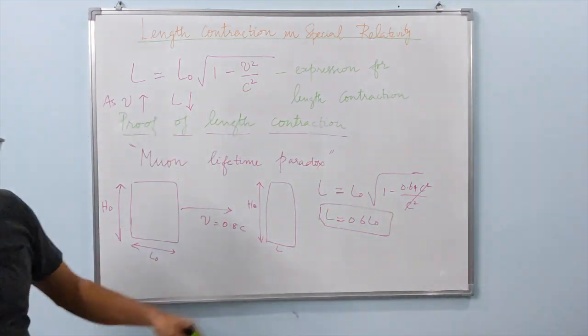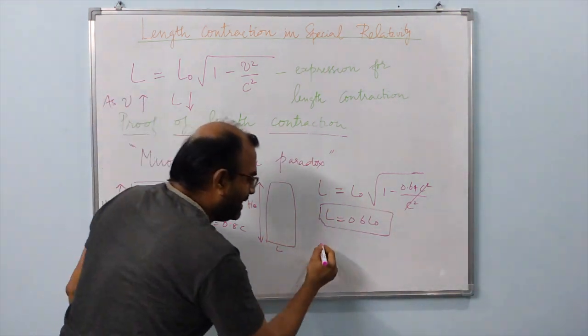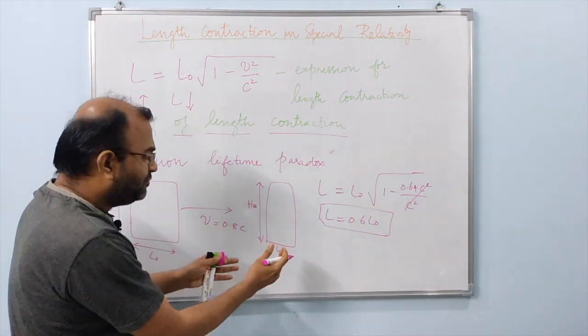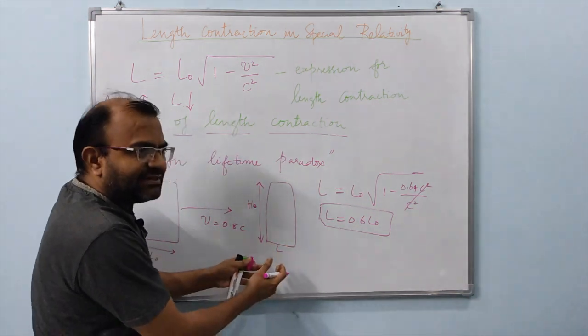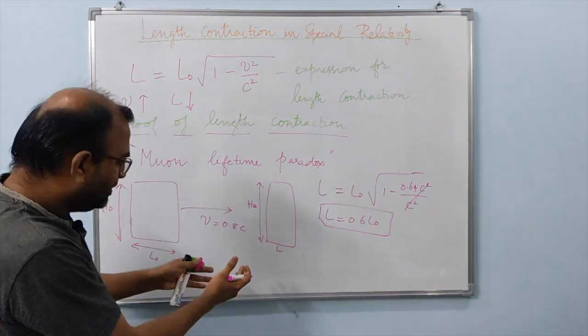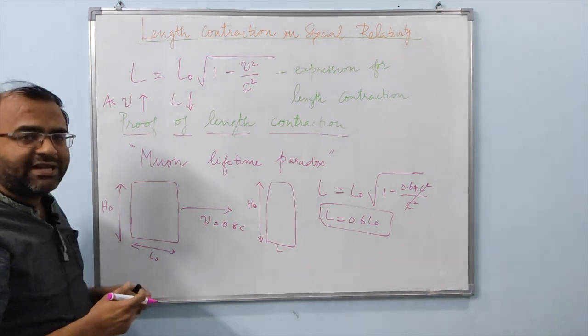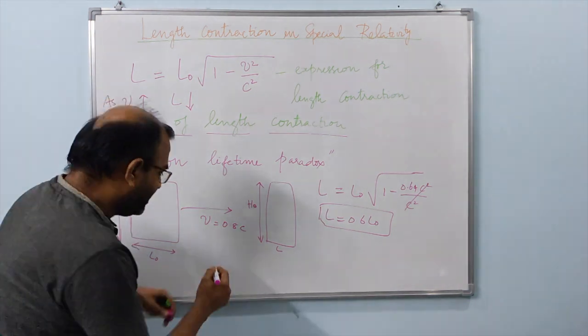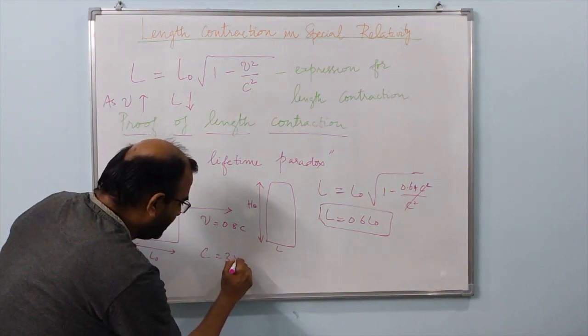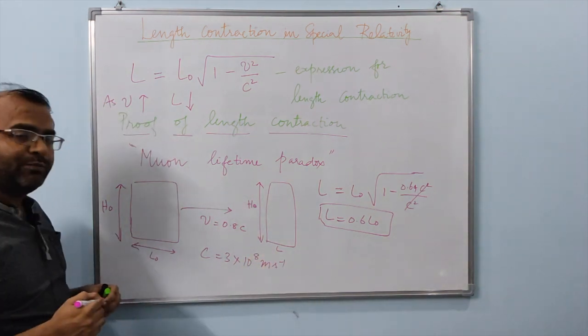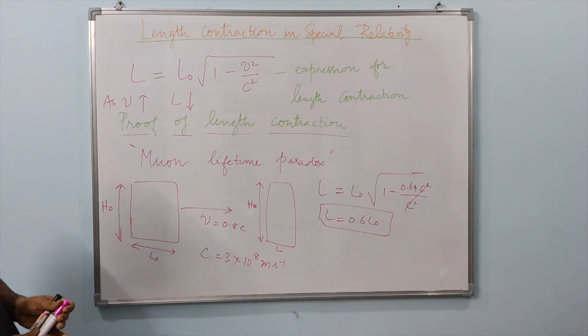This would be the contracted length. So about 60% is the remaining length. The object would appear to be about 60% as long as it originally was if it were traveling at a velocity of 80% of the speed of light, where the speed of light we know is 3 into 10 power 8 meters per second. It's taken to be roughly equal to this value.